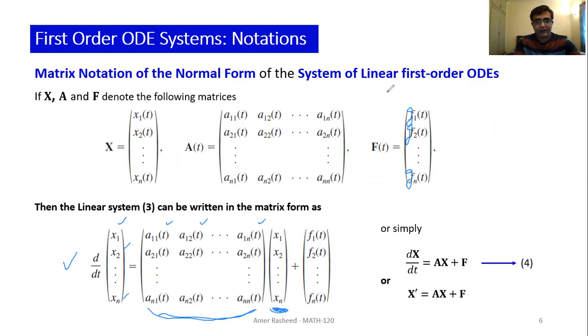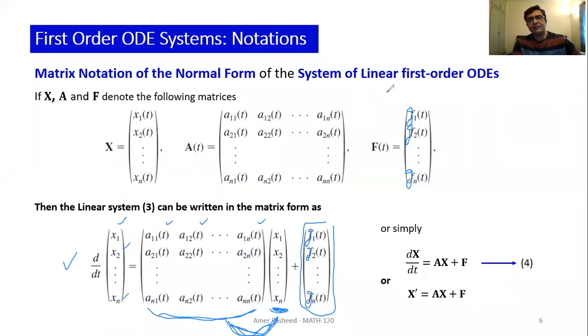So when we multiply this matrix with this vector, we get the same form of n first order linear systems, plus this vector on the right, which is basically independent of dependent variables. So this should also have here g1, g2, and so on, gn.